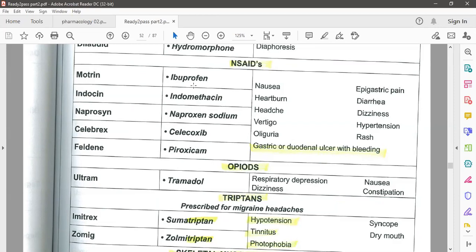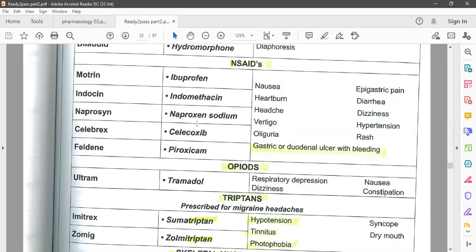So I said the most important members in this group are naproxen, or some books say aspirin or acetaminophen are also in this group. But here we are going to focus on the NSAIDs ibuprofen, naproxen, or celecoxib.